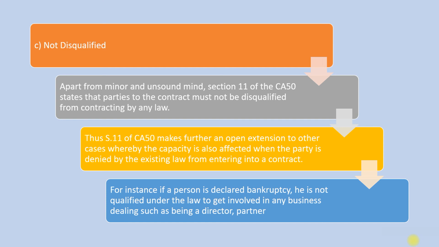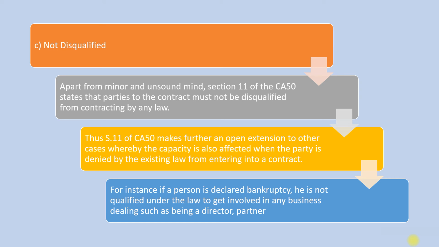Under section 11 of the Contract Act, it states that the parties to the contract must not be disqualified from contracting by any law. Meaning that apart from being a minor or of unsound mind, that person must not be denied by the law from entering into a contract. So certain laws do bar a particular person from entering into a valid contract, right?